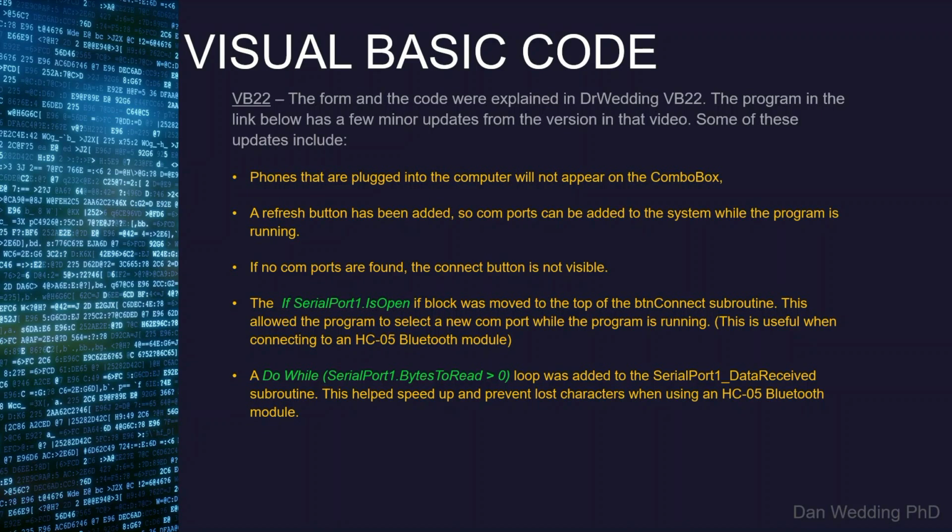This allowed the program to select a new COM port while the program is running. This is useful when connecting to an HC05 Bluetooth module. A do while serial port 1 bytes to read is greater than 0 loop was added to the serial port 1 data received subroutine. This helps speed up and prevent lost characters when using an HC05 Bluetooth module.